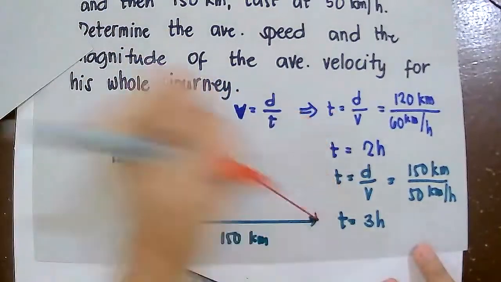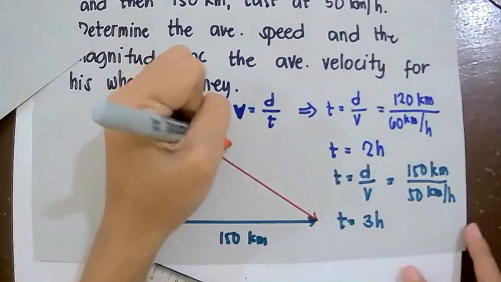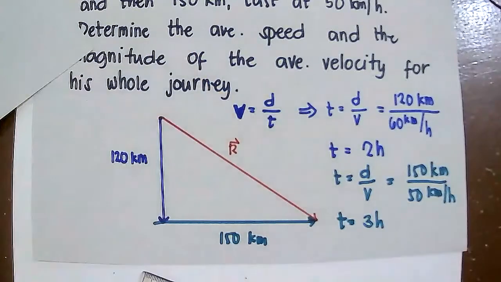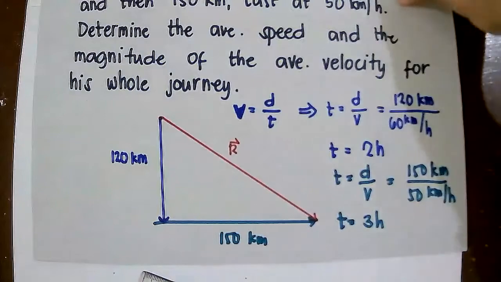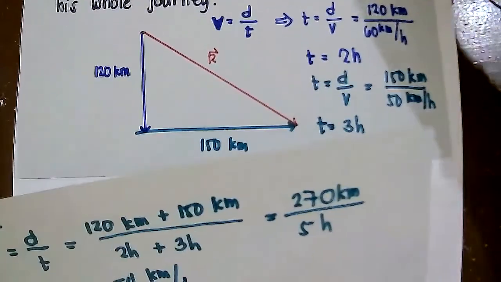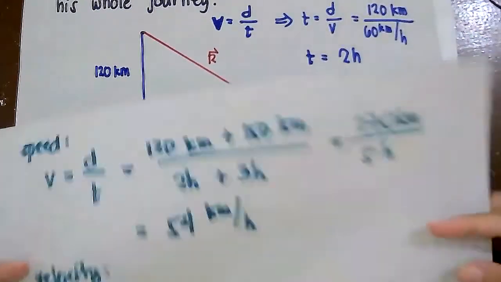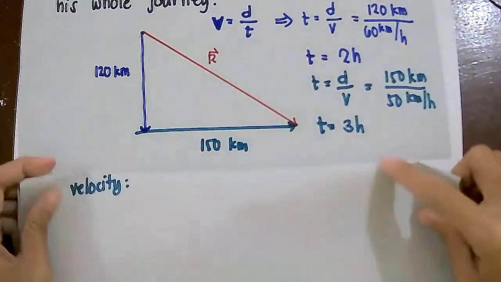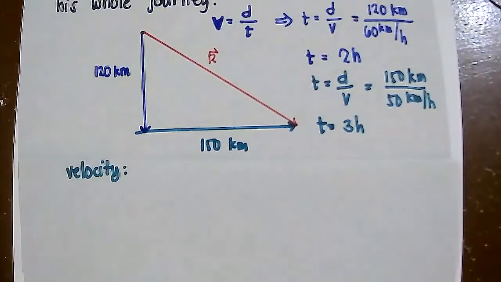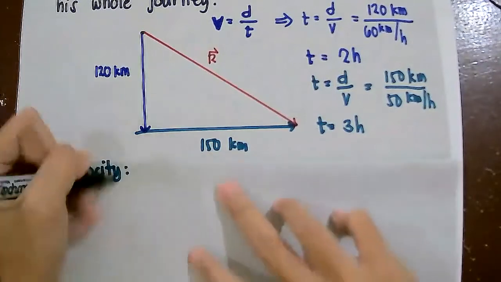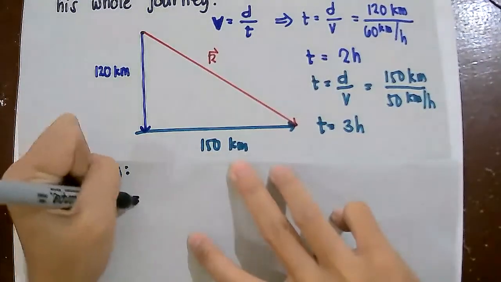If you can remember, this is the same with our resultant vector. So the same lang din yung process niya in getting our displacement doon sa previous lesson natin. You will just use your Pythagorean theorem. So here you have your R or your magnitude for R.